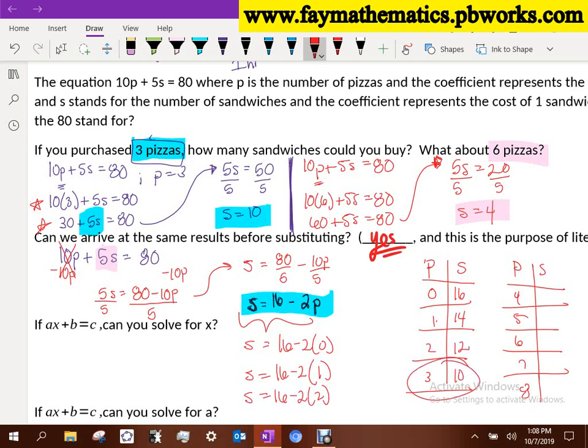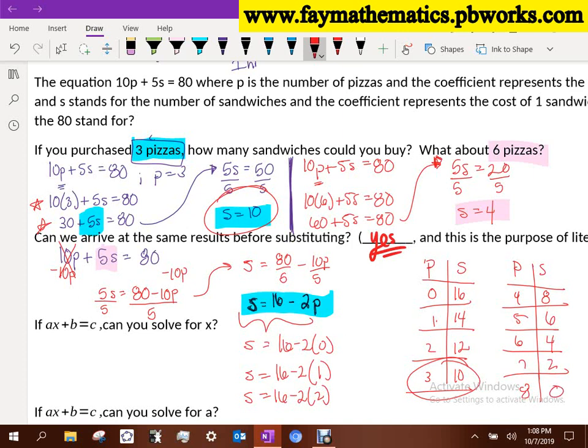Does that match up to what we found earlier? But right now we've got 4 answers in the time that it took us to find that one answer there, don't we? 4 pizzas would be 16 minus 8, right? So 8 sandwiches. 5 would be 6. 6 would be 4, 2, and then 0. I think you can start to see a pattern, right?